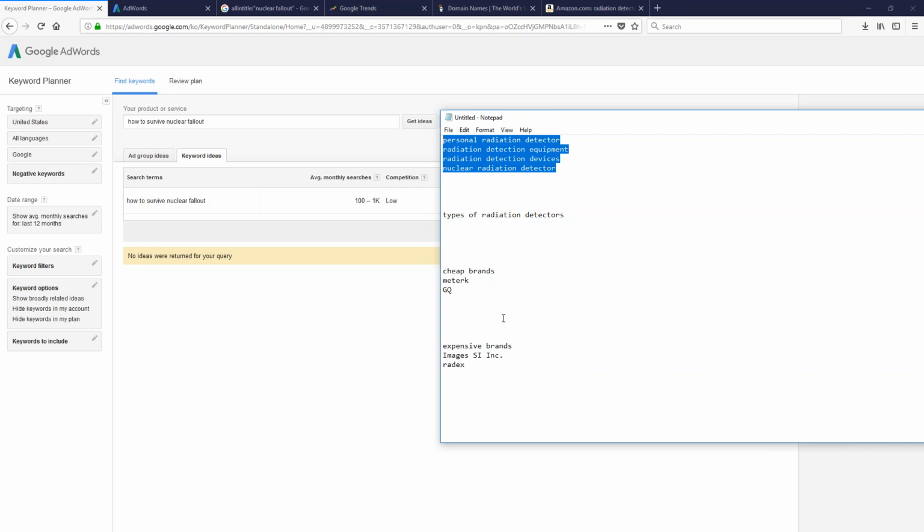So if I were to go for just personal radiation detectors, I would need to find 20 different page topics that I could use on this site. So a main homepage for the website would be one. I could have a section on brands. I could have another section for some informational content.